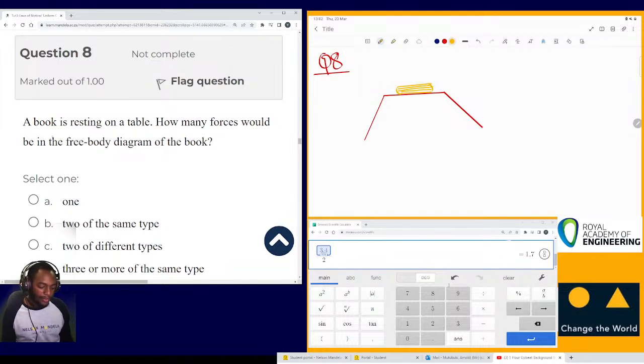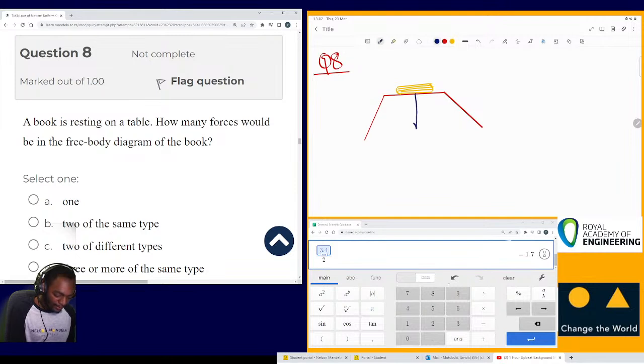This is our book that we have. It's seated on a flat table. How many forces do you think would be in the free body diagram of the book? Just 2. Okay, let's identify those forces.